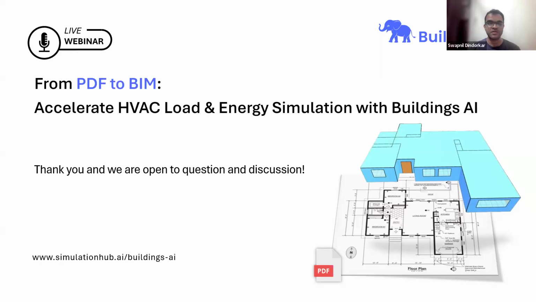There are two ways basically to do this. One is under development, and the other is already available through the PDF to BIM feature itself. You can extract the layout for each floor. Then there is a choice to manually merge these floors or name them as different floors.